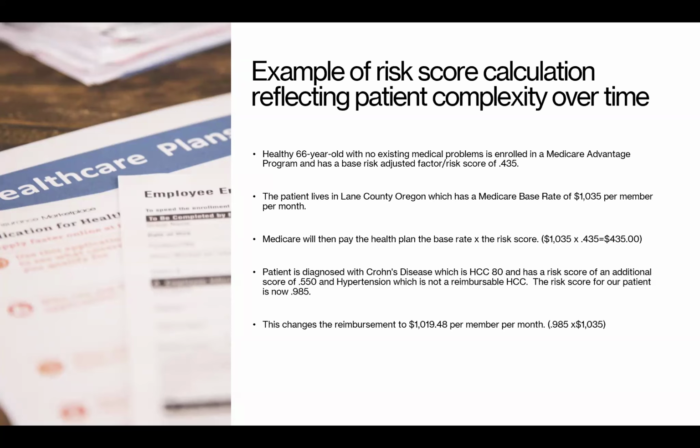So the risk score in our patient, we increase by 0.550, but we don't get any increase for the hypertension. So now the risk score for this hypothetical 66-year-old changes to 0.985. So that will boost the reimbursement to $1,019.48 per member per month, or 0.985 times 1,035.